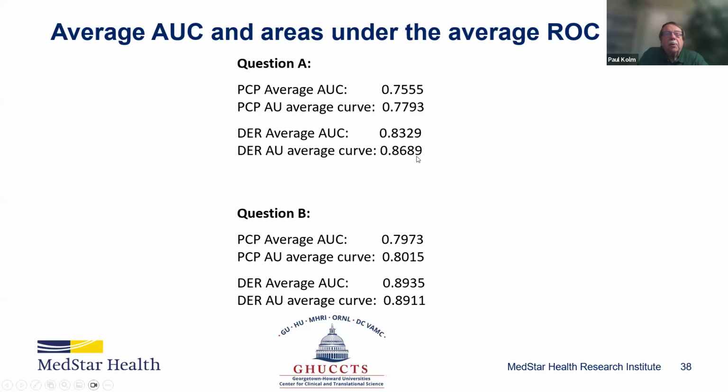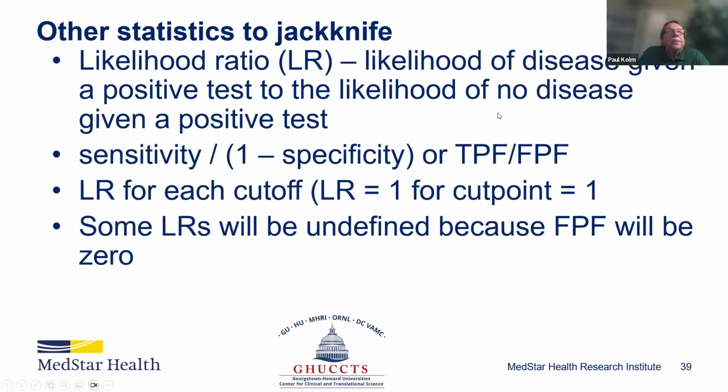And then the same for the dermatologist, and the same for question B. So there are other statistics; in doing that we can use the jackknife to compare our, in this case, raters.